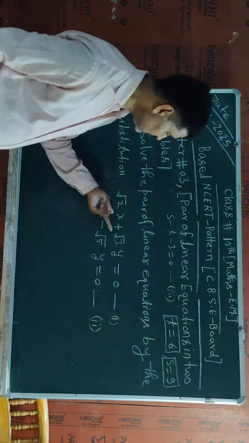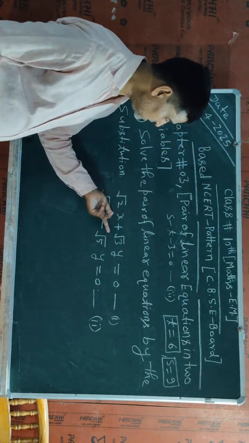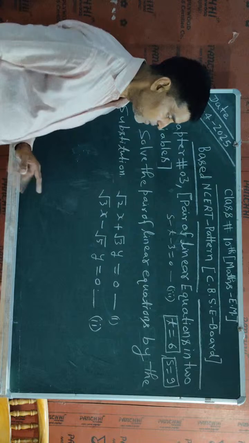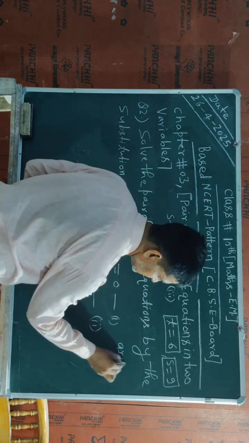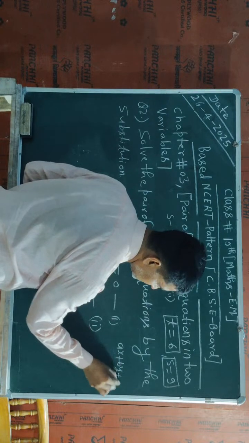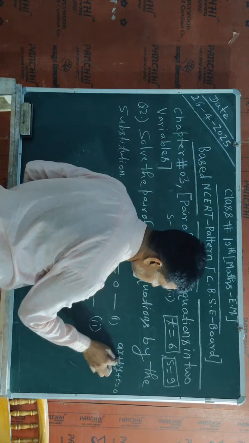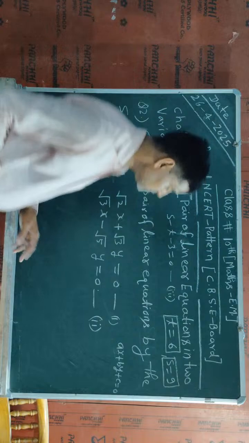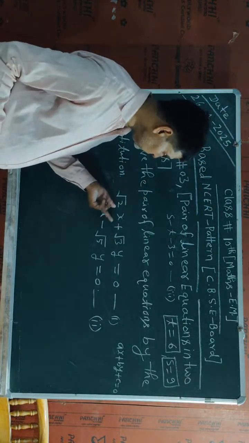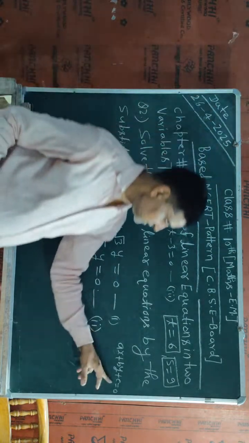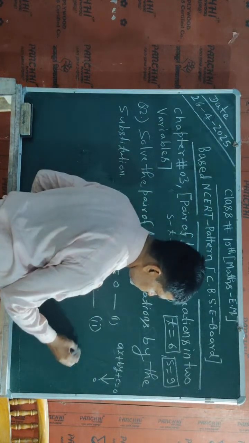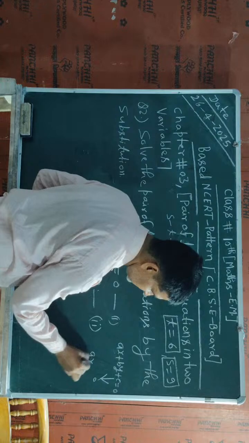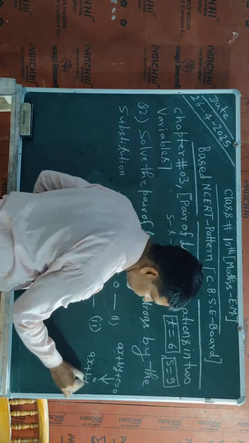Now this linear equation is available in standard form, because I know standard form is ax plus by plus c, which is equal to 0. Okay, student. So in both equations here the constant term is 0, because here the value of c is equal to 0, so that will be ax plus by, which is equal to 0.